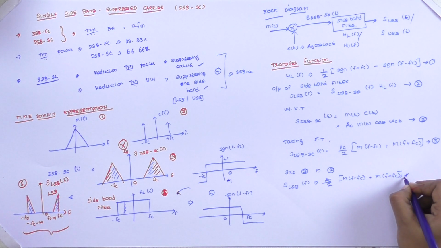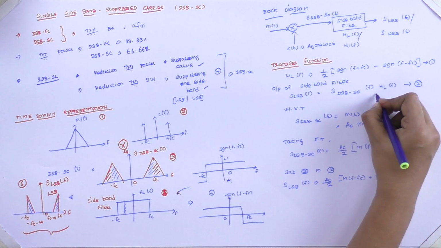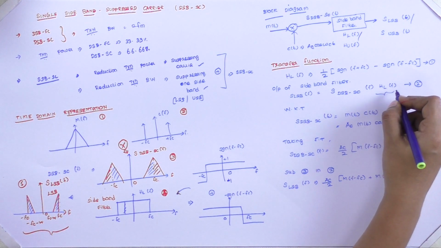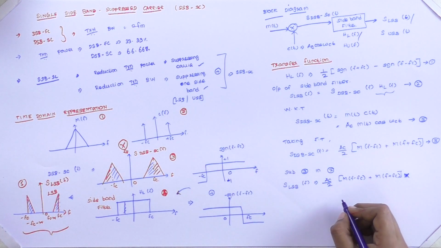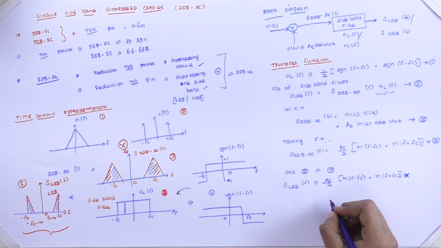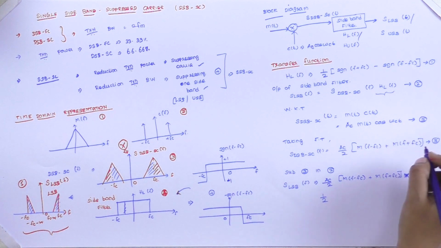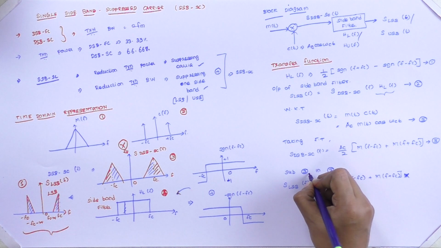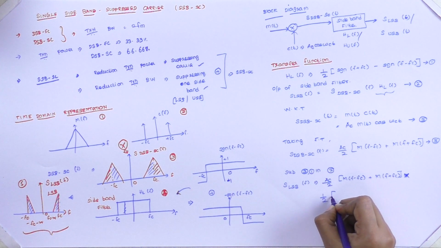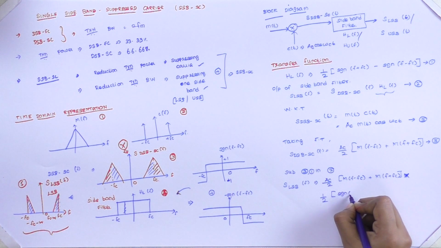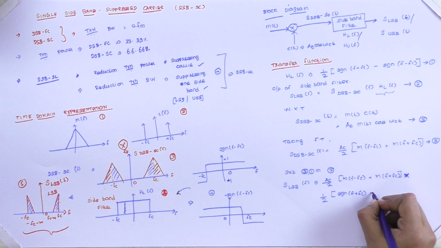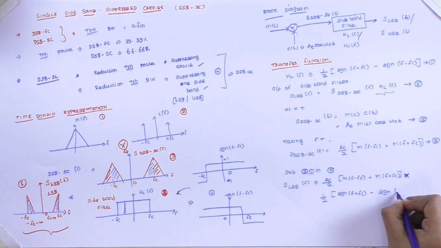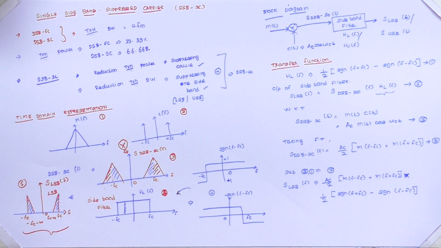Here it is a multiplication, since the transfer function is multiplied with the spectrum of the double sideband suppressed carrier. Therefore, we are going to substitute equation number 1 also, signum of f plus fc minus signum of f minus fc.